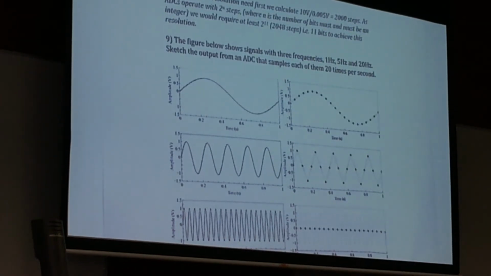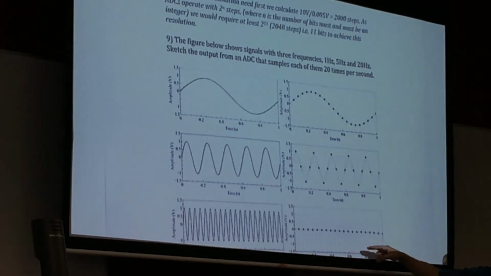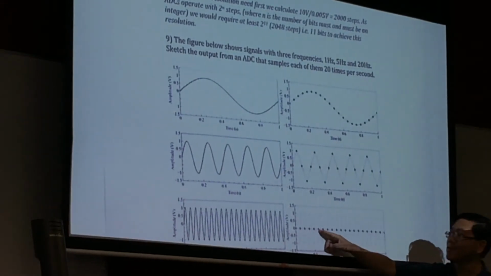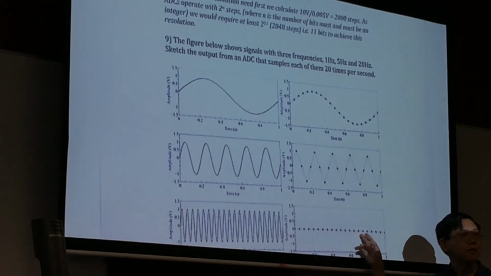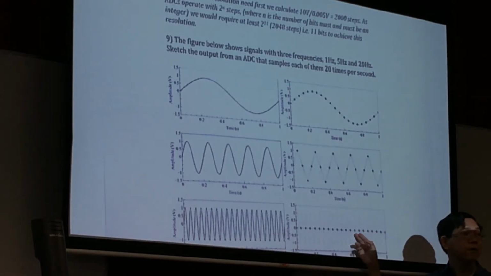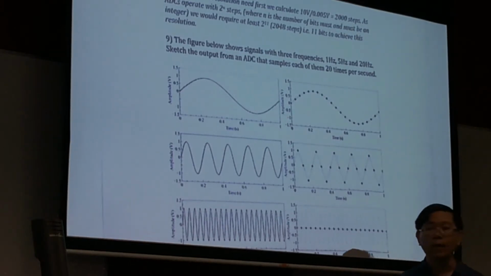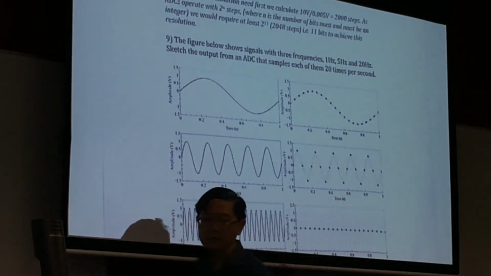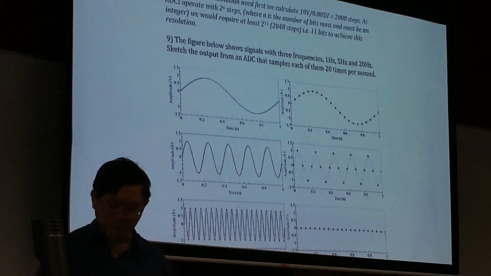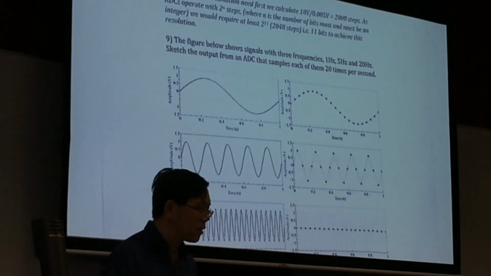Okay? Now the worst one is this one here. All these points will cut at the same point within the same phase of the sinusoidal. It appears to be a DC signal. Alright, and this is exactly what is meant by aliasing. This is something we call aliasing.